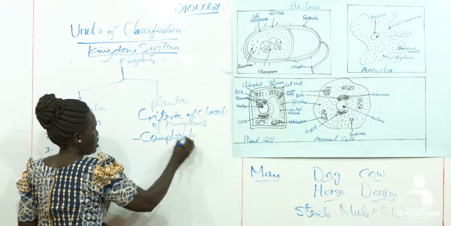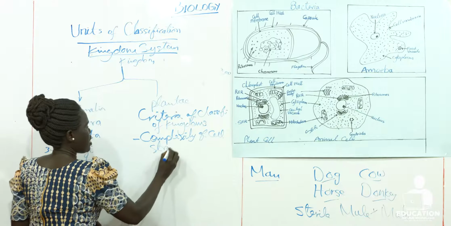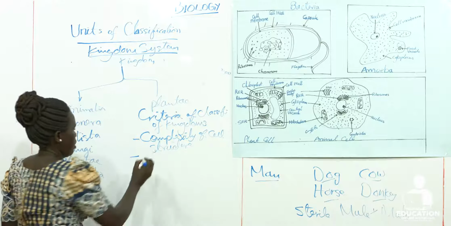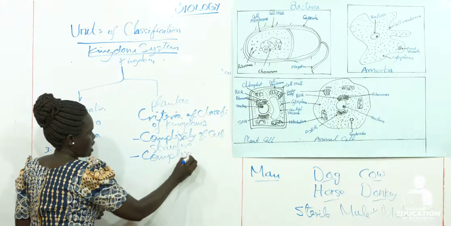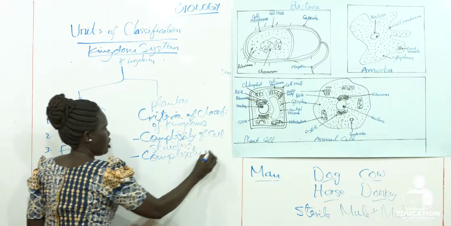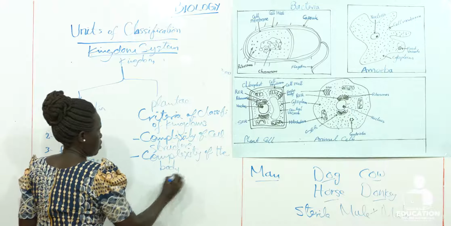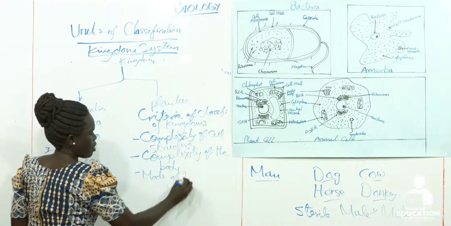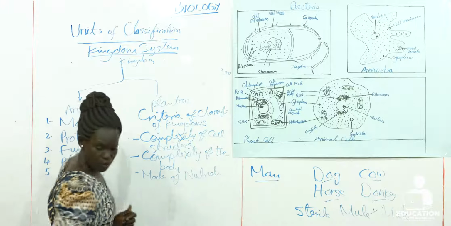Complexity of body, the complexity of the body of living organism. Mode of nutrition.